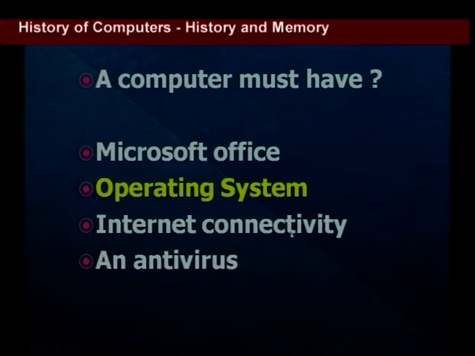Next, internet connectivity is manual, and antivirus is used for viruses. For using the internet, pen drives and other external devices, there is antivirus; if there is no antivirus, it will remove the virus.